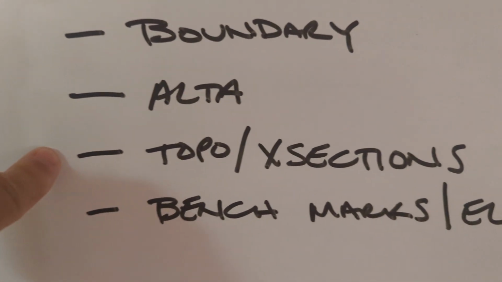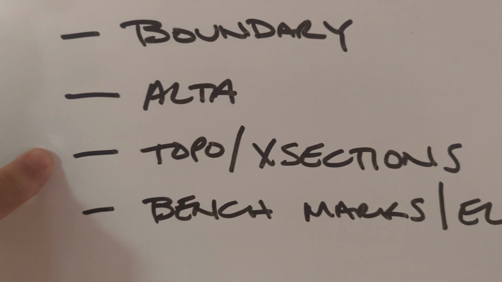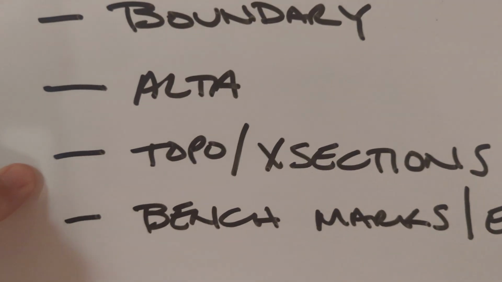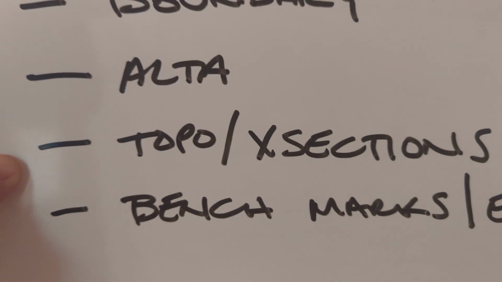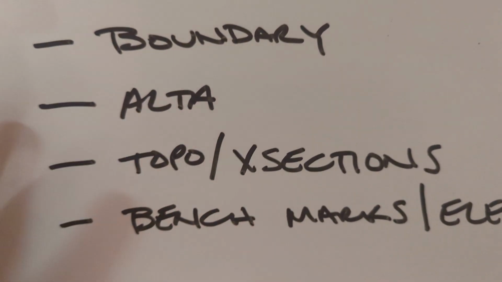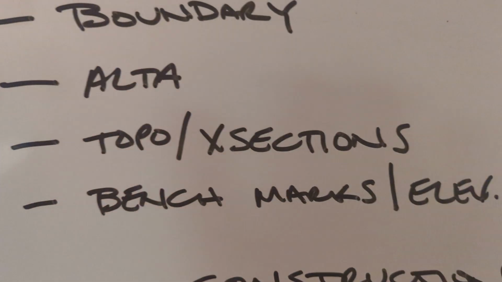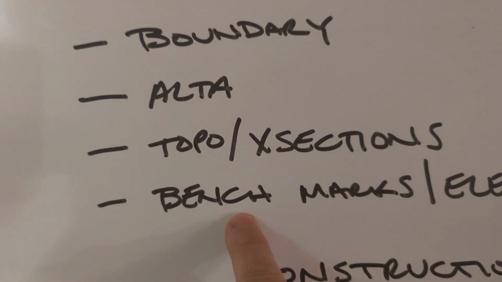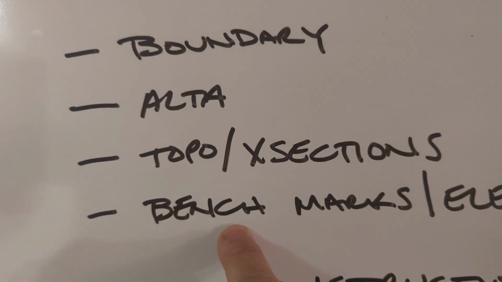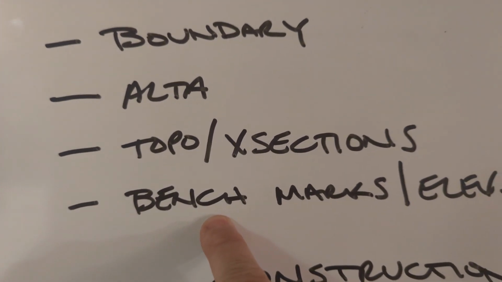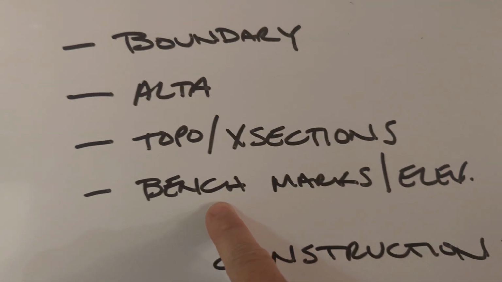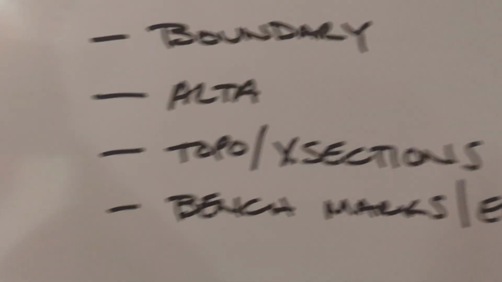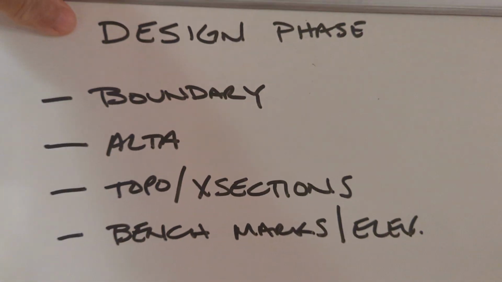Then many times, if your job does not require a boundary or an ALTA, maybe you're just doing a parking lot revision or something, you're going to be doing some topos, some cross-section work, and then establishing an elevation, transferring an elevation from a benchmark to your job site. And I'd say at a minimum, these four things are all part of the design phase.